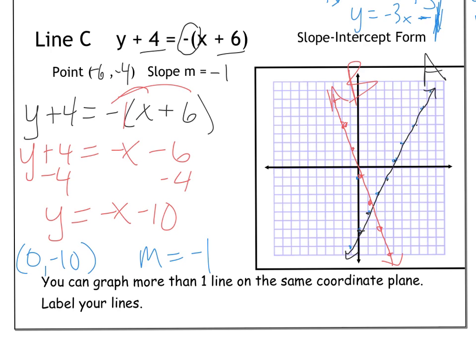So, anyways, negative 6, negative 4. Down 1 over 1, I should be at every line like that somewhat.